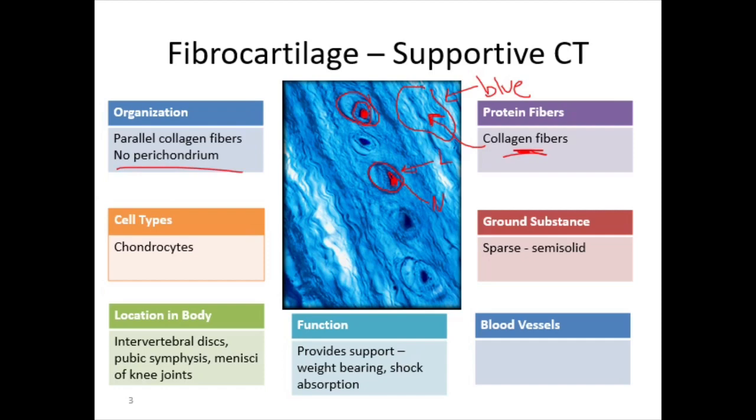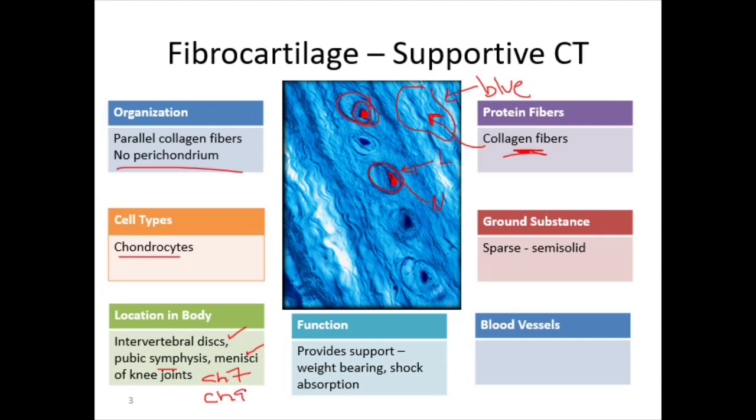Cell type is always chondrocytes for cartilage, no matter what type it is. Where do we find this? The discs in the spine, pubic symphysis, menisci in our knee joints. We'll be studying this in Chapter 7 and Chapter 9 when we get there. So it provides support, weight bearing, shock absorption.